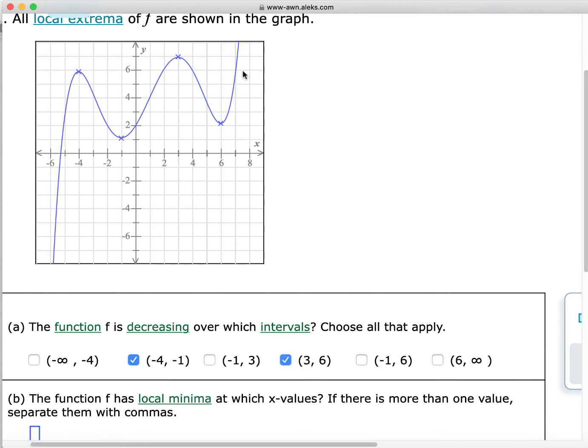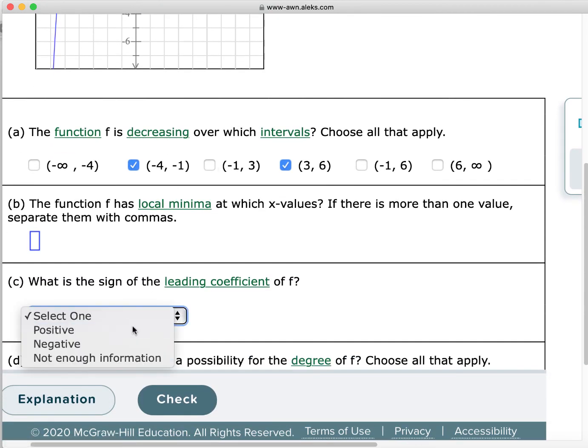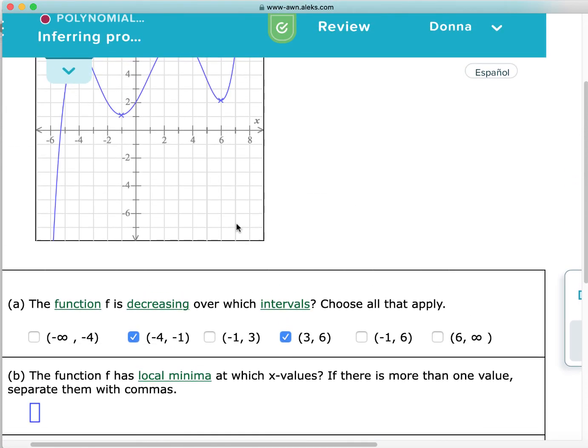Now in this particular case, we're rising to the right and going down to the left. So if we recall from our Desmos graph, that was going to be an odd function, odd exponent. Y equal x cubed, it rose to the right. Because it's rising on the right, I know that the leading coefficient is positive. So let's hold on to the fact that it's odd.